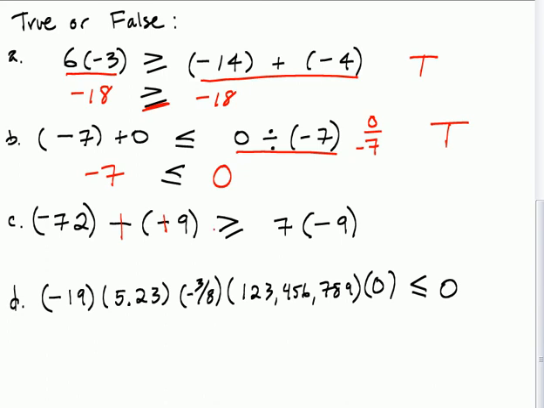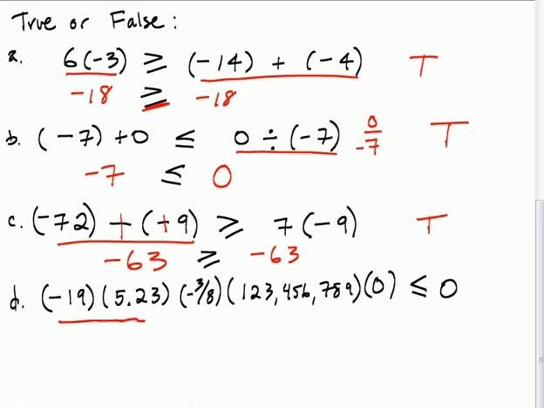So what do we get when we have a negative 72 plus a positive 9? Negative 63. And we want to determine if it is greater than or equal to what we get over on the right. Negative 63. I think I'm not going to fool you with that anymore, am I? It is true.